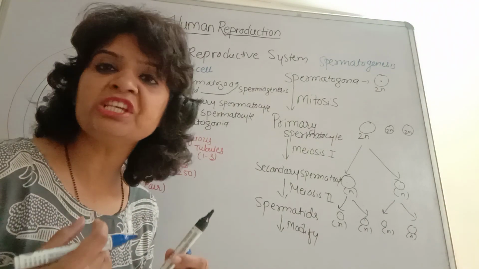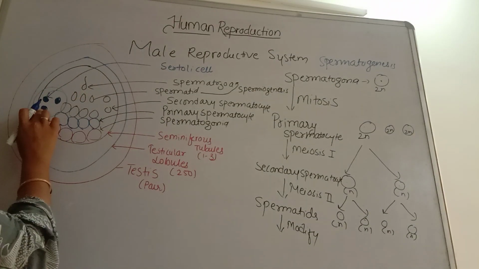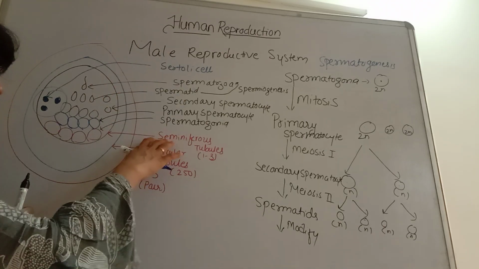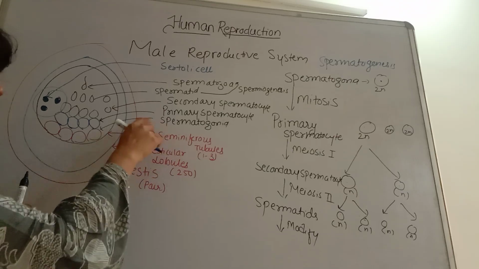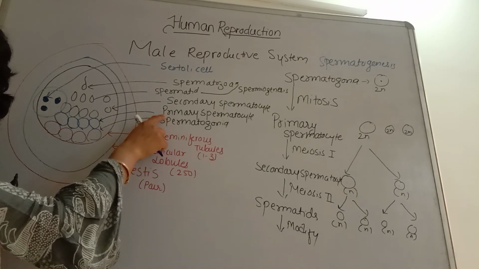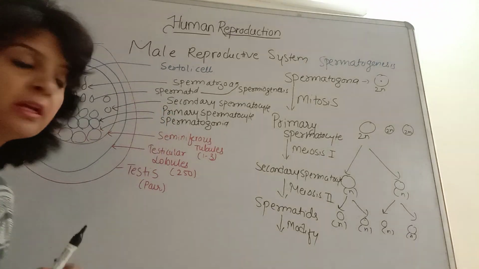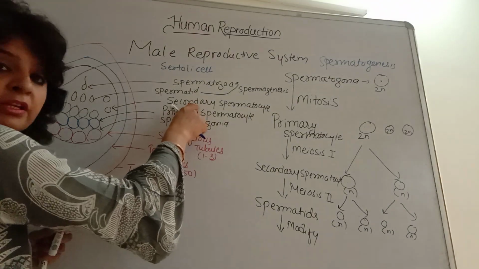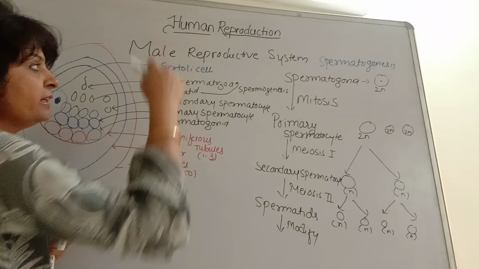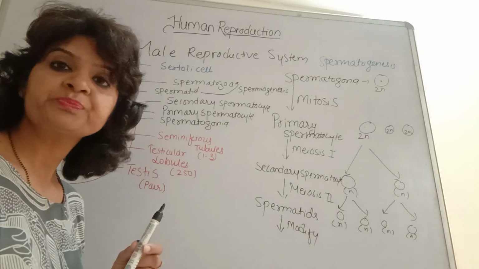They need some nutrition, and that nutrition is provided by a group of cells known as Sertoli cells. So we have the testis, testicular lobules, seminiferous tubules, which have the spermatogonia undergoing mitosis, growing into primary spermatocytes. These form the secondary spermatocyte, which further forms the spermatid, modifies and gets converted into spermatozoa.